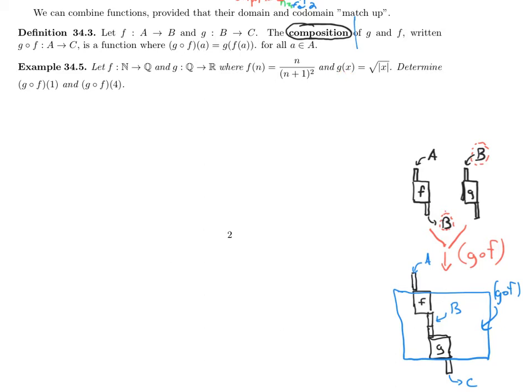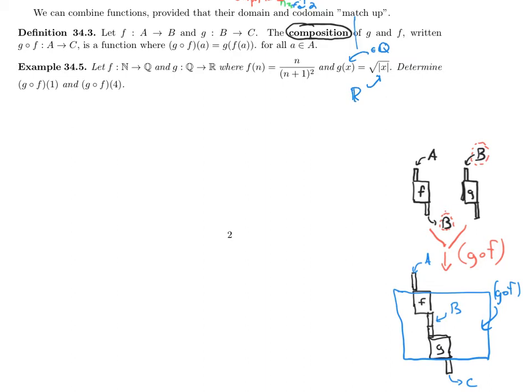And what it does for G is it takes the square root of the absolute value of whatever fraction you put in there. So that's what G does. Remember, the input here is a rational number, and the output, well, it can be any old real number that you like.